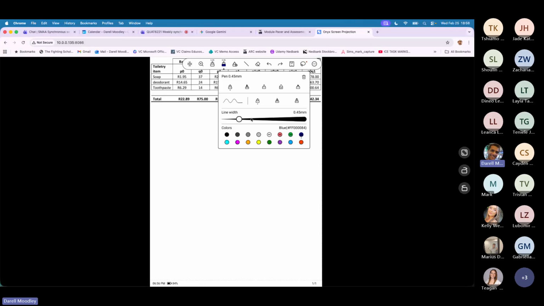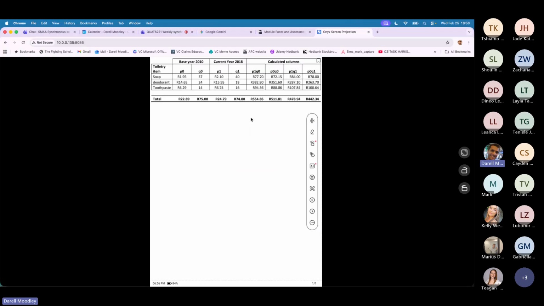So sometimes, this is not common, but let's not bank on it. Sometimes you could get asked, what is the composite unweighted price index for toiletry items?